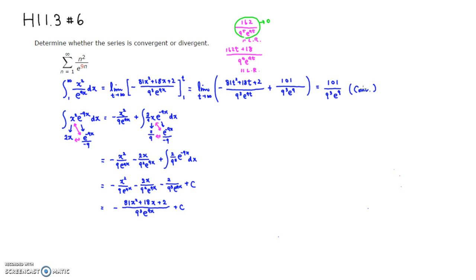All right, so we know that by the integral test, this series from n goes from 1 to infinity, n squared over e to the 9n, is also convergent.